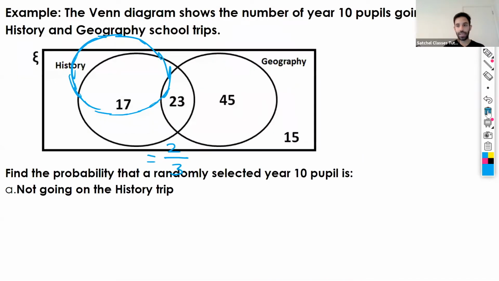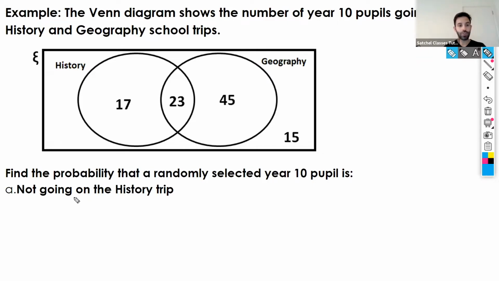All right, let's have a go at this one. So a worded problem. It says, the Venn diagram shows the number of year 10 pupils going on a history and a geography school trip. Find the probability that a randomly selected year 10 pupil is not going on the history trip. So this is not a conditional probability question because our sample space hasn't been reduced.